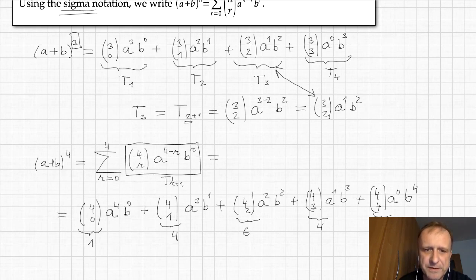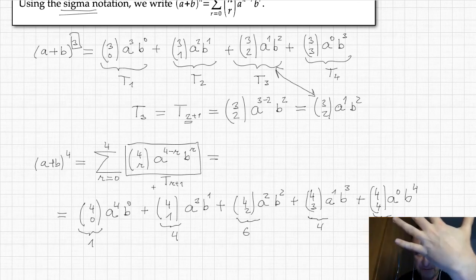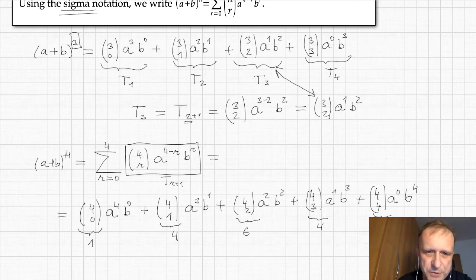So we add up all the terms from r equals 0 to r equals 4, and from 0 to 4 you can count it: 0, 1, 2, 3, 4, you have 5 terms altogether. So as you should have it, one more than the power. Power was 4, so we have 5 terms.